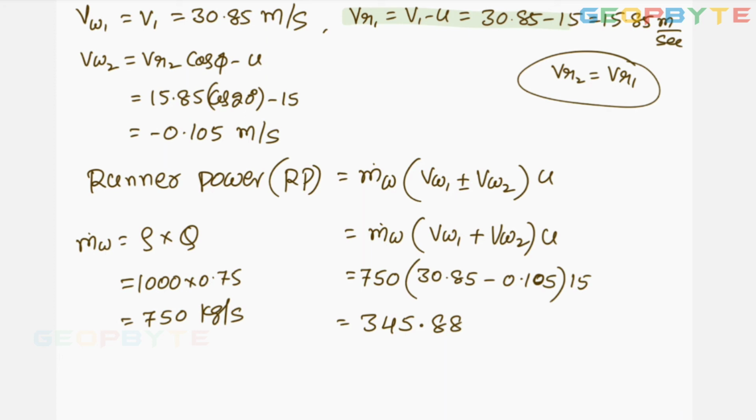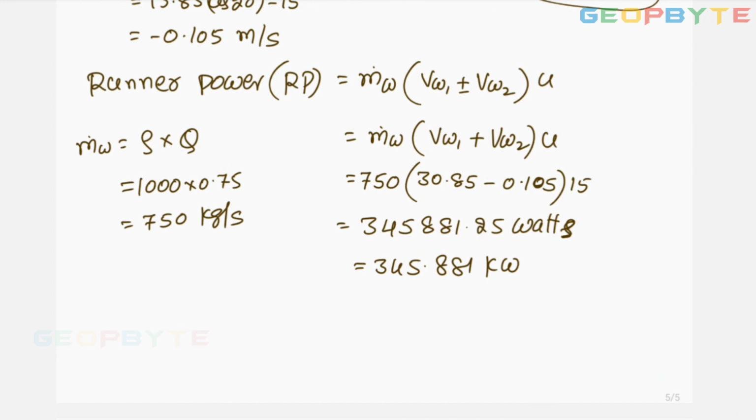Actually the original value is 345881.25 watts. It is equal to 345.881 kilowatts. That is the runner power.